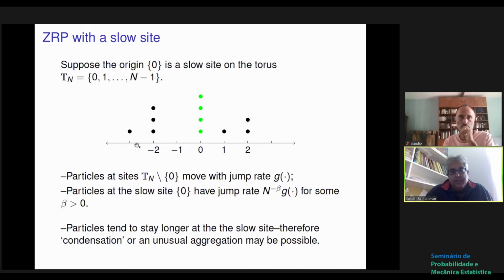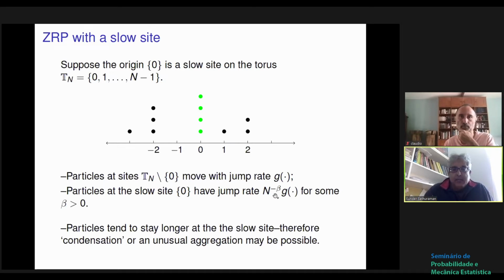And we're going to make one of these sites a little bit different. We'll put a defect into the system. So site 0 will have a jump rate which is slowed down by this factor n to the minus beta, and n, as you see here, will take the role of a scaling parameter.